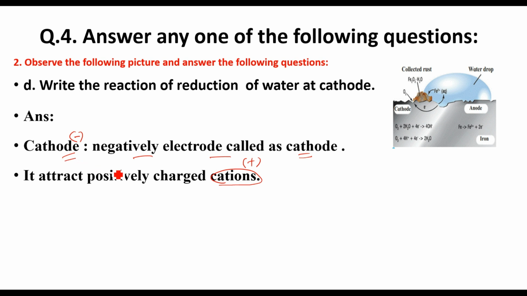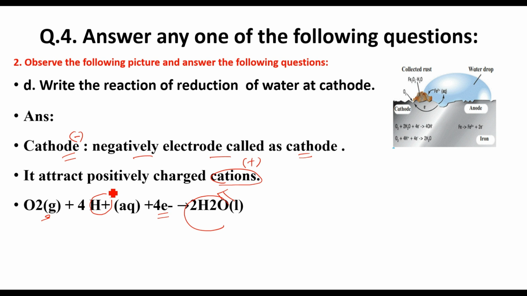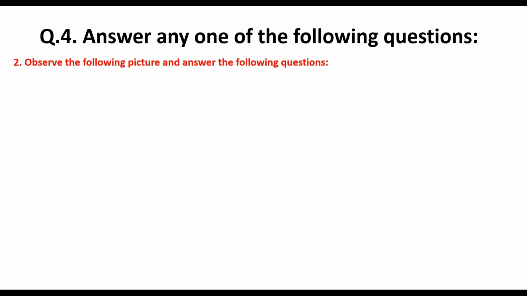So cathode attracts cations, and therefore O2 oxygen, with 4 hydrogen ions and electrons, gains electrons and forms H2O. This is what we call the cathode reaction, and oxygen is reduced, which gains electrons. Like this we can write the reaction of reduction.